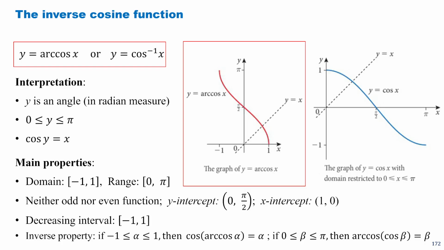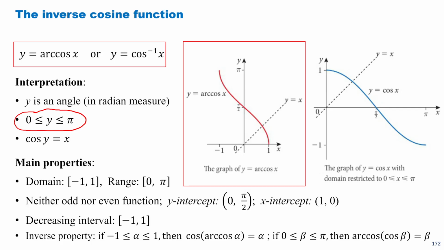So be careful, the interval we select here is different from the one in arc sine or sine. So this time we fix y from 0 to pi. In that interval we know cosine has a one-to-one mapping relation, right? So in that case, the inverse cosine is also a function. And third, cosine y equals x.